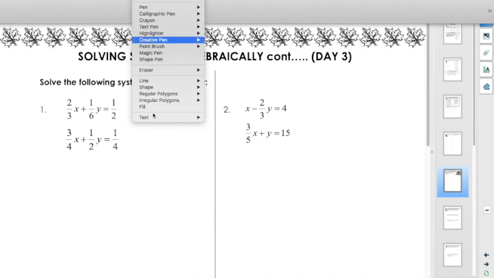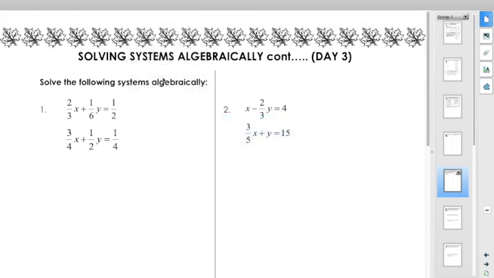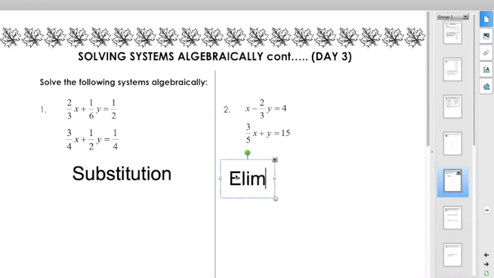We could either use substitution, or we could have used elimination, right? And either way is fine. It doesn't matter which one we use. They're just two different methods that give us the same answer, okay?